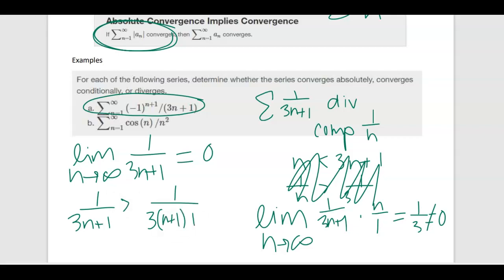Okay, that's also true. Because of that alternating piece, this does converge by the alternating series test. But because it only converges because of the alternating piece, we say that it converges conditionally. Only because it's alternating.